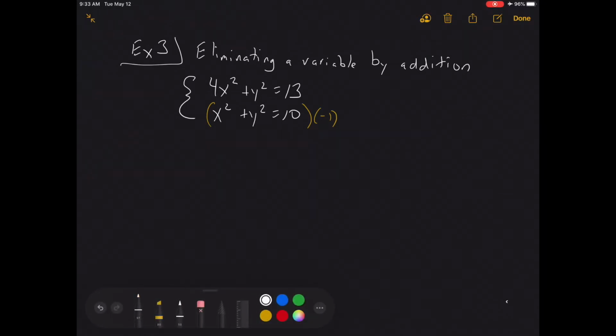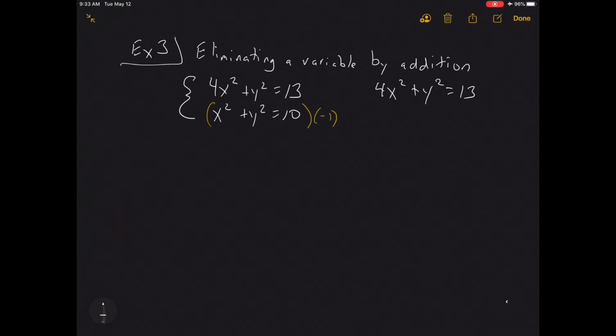I'm going to rewrite the whole system over here of 4x squared plus y squared equals 13. And now I'm going to rewrite the bottom equation that I've multiplied by -1. So I multiply everything by -1. That gives me a -x squared minus y squared equals -10.